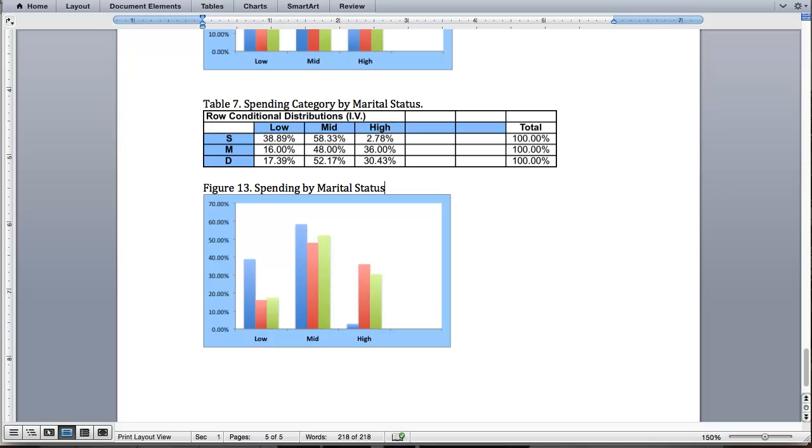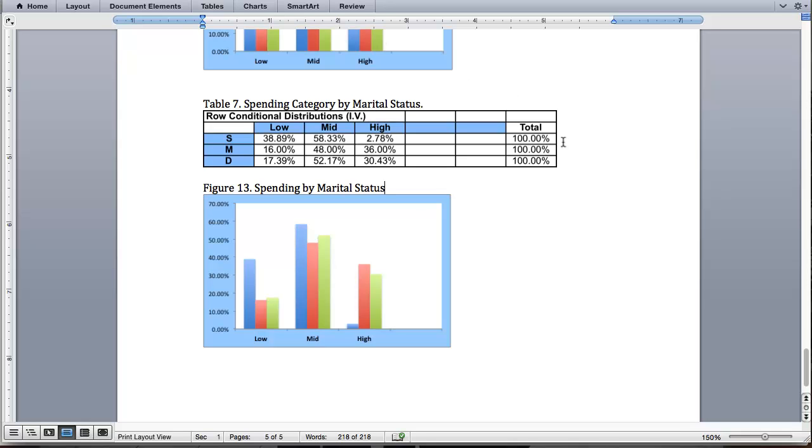You can also see that there's very little effect in the mid category. In other words, the bars are about the same. However, in the high category, it looks like only one or two of the cardholders spent in that high category, whereas everybody else was either married or divorced.